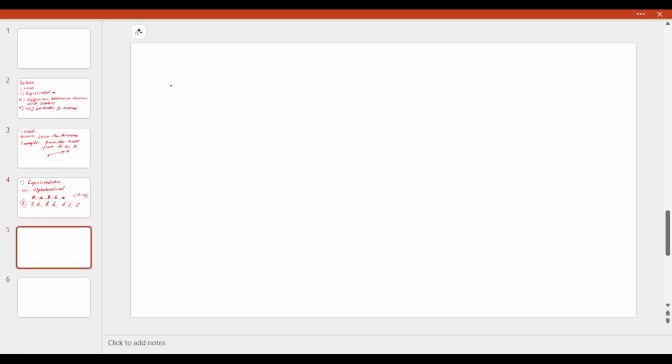A subtopic arises from here, which is position vector.